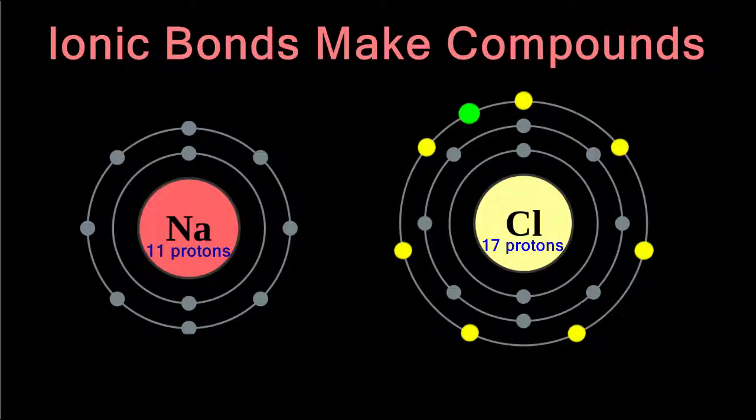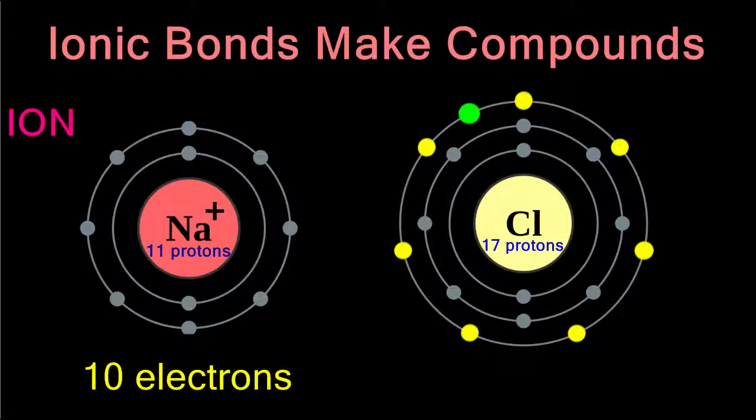It used to have 11 electrons balancing out those positive charges, but it gave 1 electron away. So now it only has 10 electrons in the electron cloud. This means that it has one more proton than it has electrons. This gives it a +1 charge, and this sodium atom is now called a sodium ion.